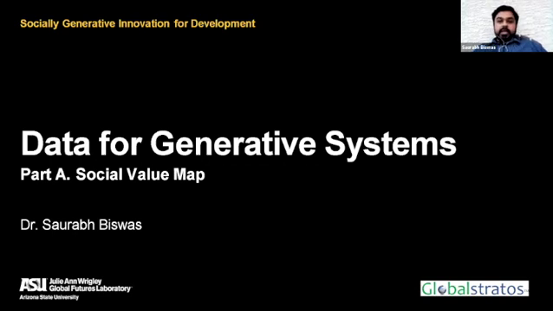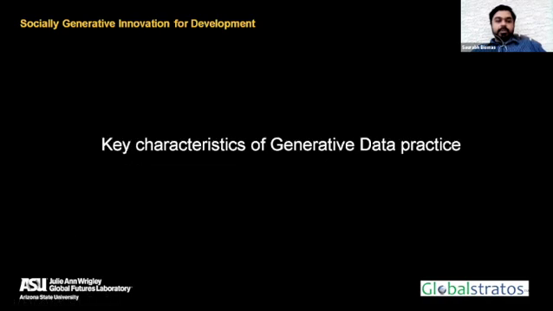Before we begin to discuss the process of social value map, let us do a quick recap of what we have gone through so far and understand as key characteristics of the generative data practice.